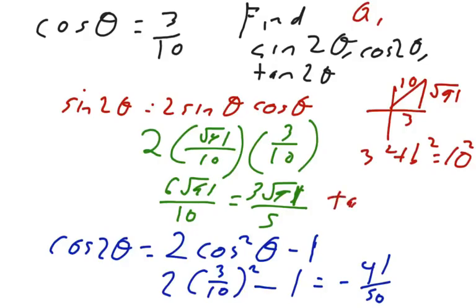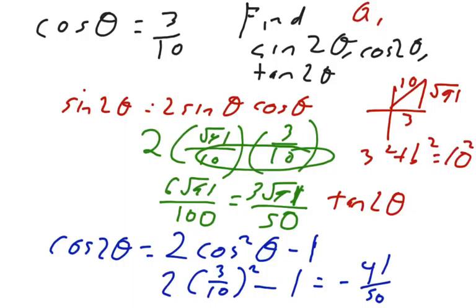Now, in order to get the tangent of 2 theta, we're doing the sine over the cosine. I'm sorry, up here, that should have been 100, and this should have been 50, because 10 times 10 is 100, not just leaving it as 10.